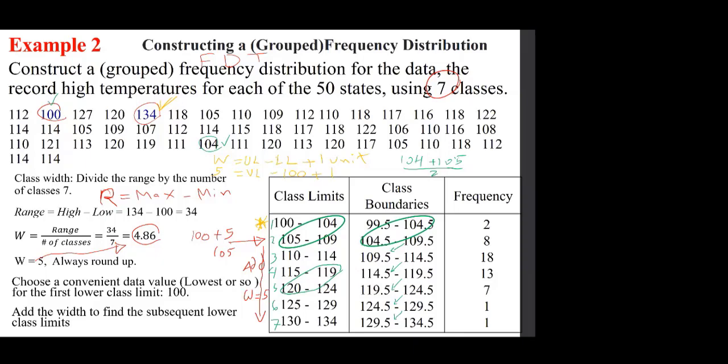How did you get first a lower class boundary? Lower class boundary, that was a choice. Take a look at this one. You have to choose a convenient number that is either smaller than the minimum value you have, or equal to that. So we chose 100.